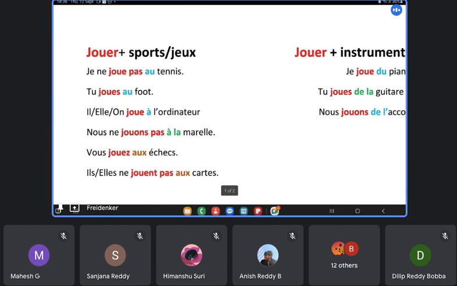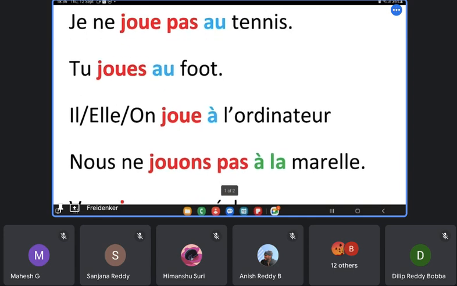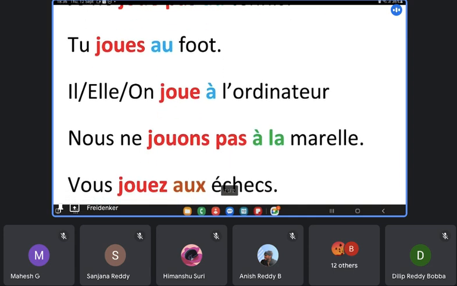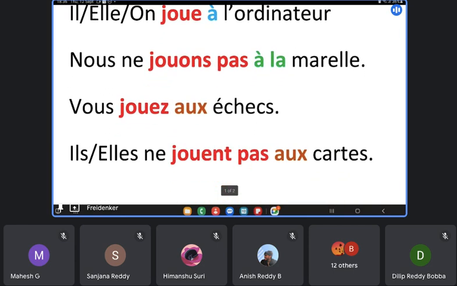So, je ne joue pas au tennis. I don't play tennis. Tu joues au foot. You play football. Il, elle, on joue à l'ordinateur. We play the computer. Basically, we play computer games. Nous ne jouons pas à la marelle. Marelle is hopscotch. So you might want to know that.